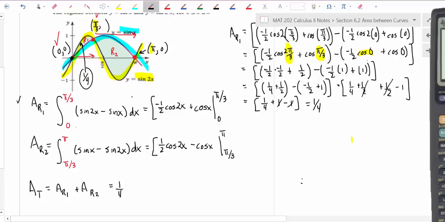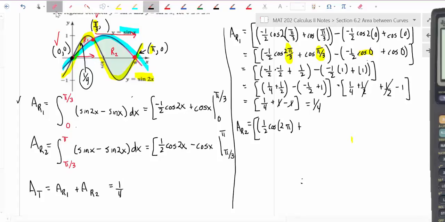Okay, so we've got that taken care of. Now I'm going to focus primarily on the second integral. We're going to do the area of region 2, so we are looking at this second integral right here. We're going to do 1/2 cosine of 2 times pi, minus cosine of pi.